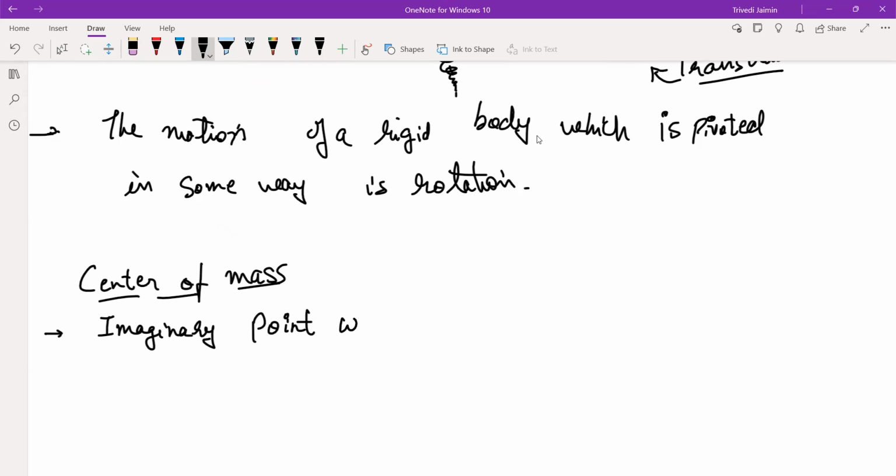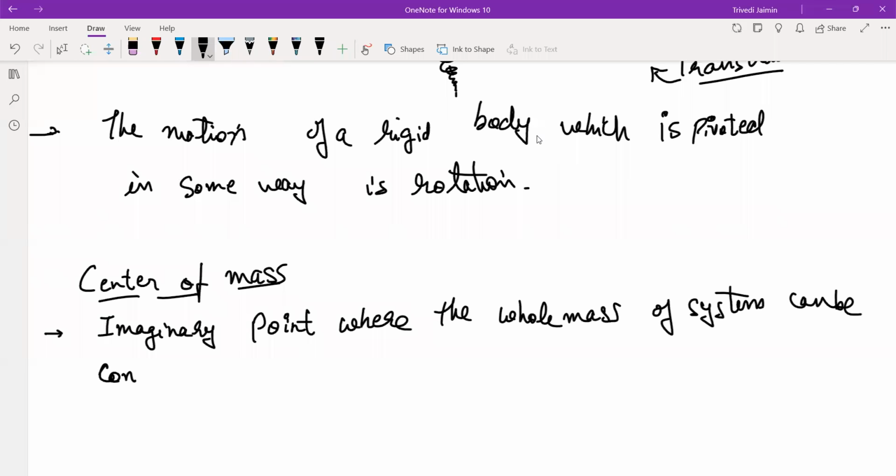It's an imaginary point where the whole mass can be concentrated. Or this is an assumption. Is assumed.